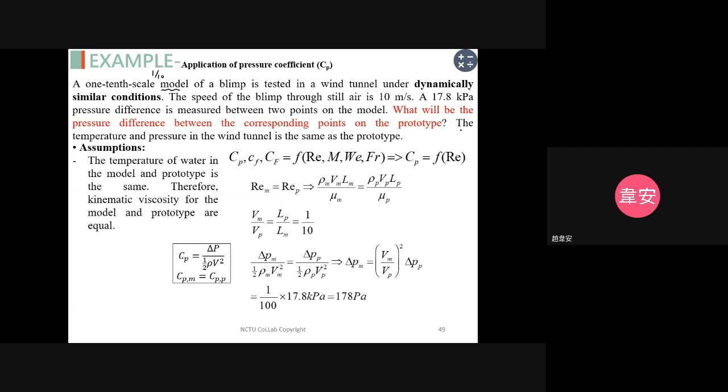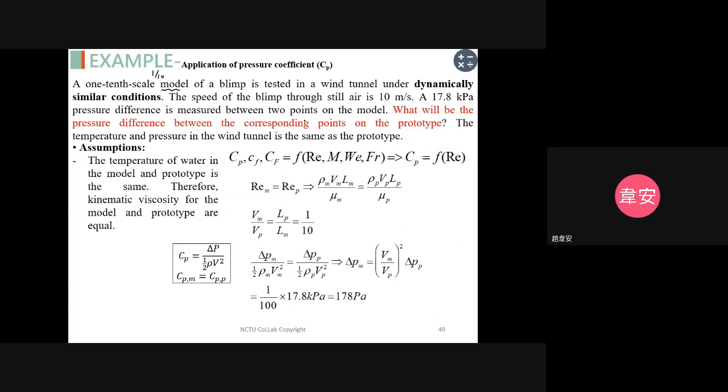In the problem, we know that the temperature and the pressure in the wind tunnel are the same as the prototype. Because the temperature in the model and prototype is the same, the kinematic viscosities for the model and prototype are equal.